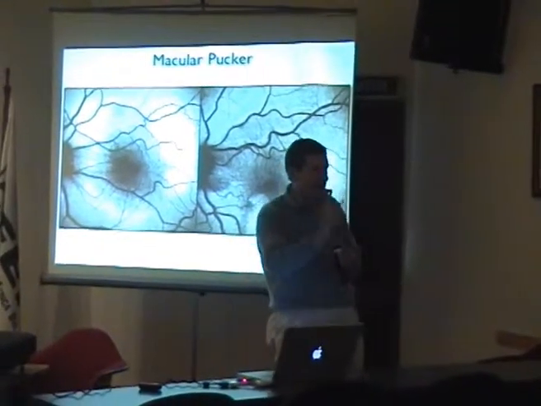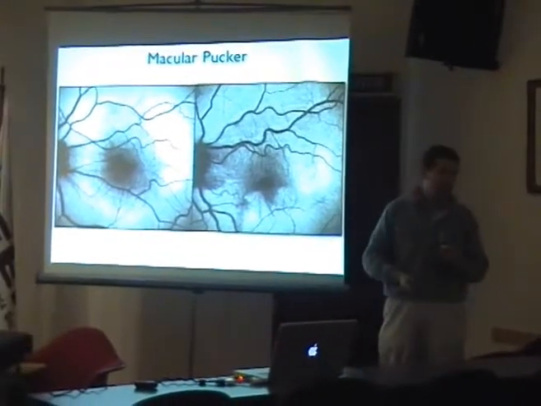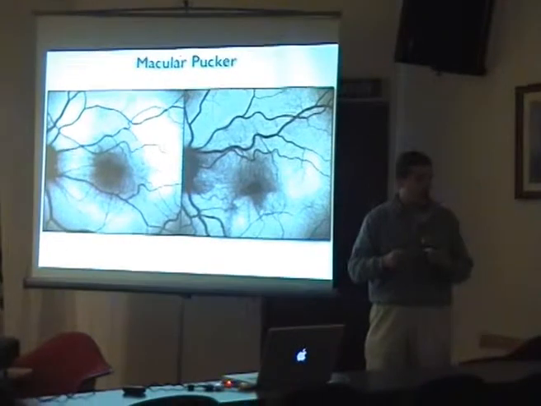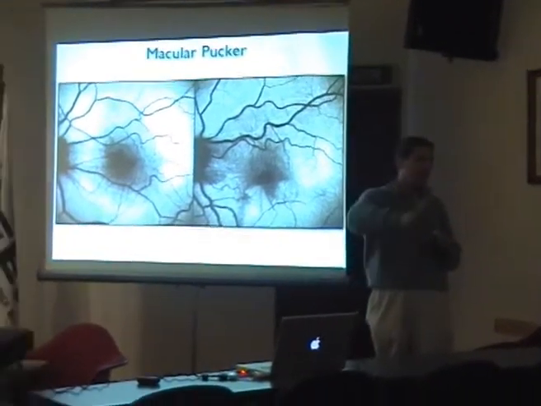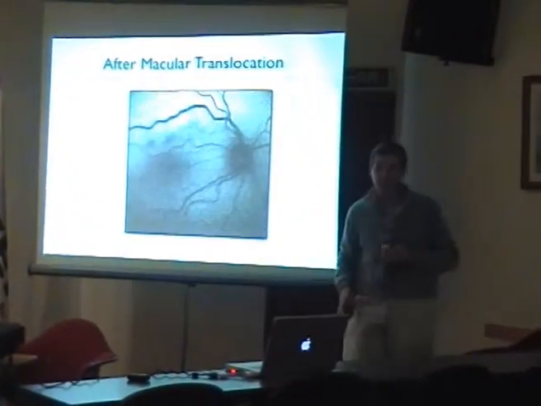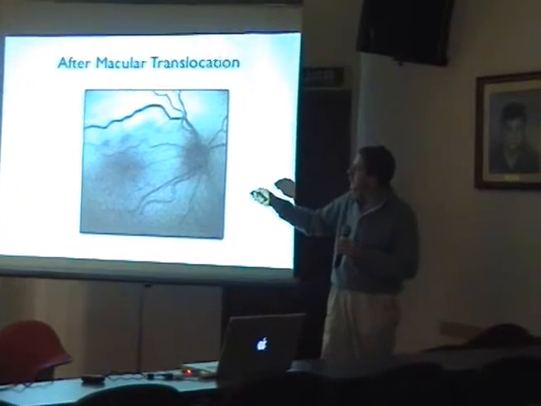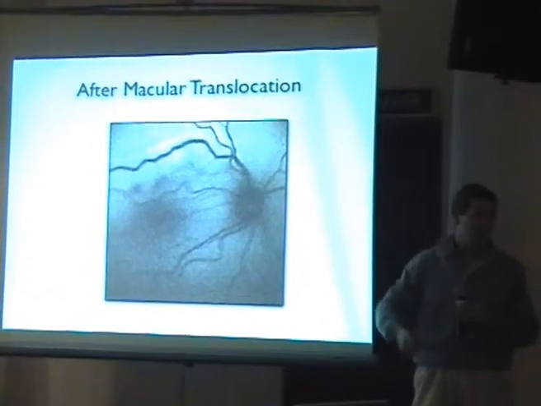But the other idea was, well, if it's true that these are the vessels where they were before, why should we see it in a macular translocation patient? And here, the 360 translocated, you see that the lines of the vessel were before.